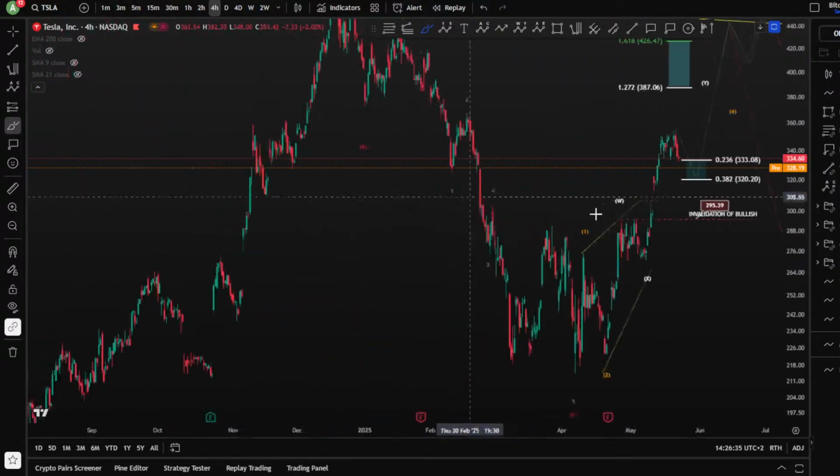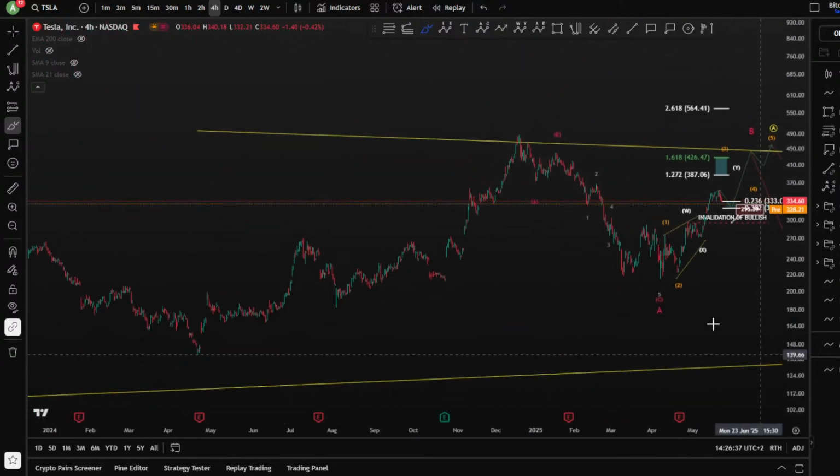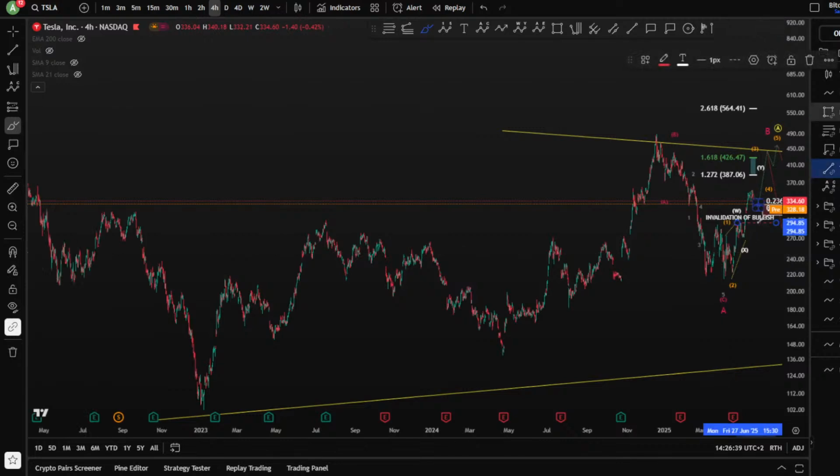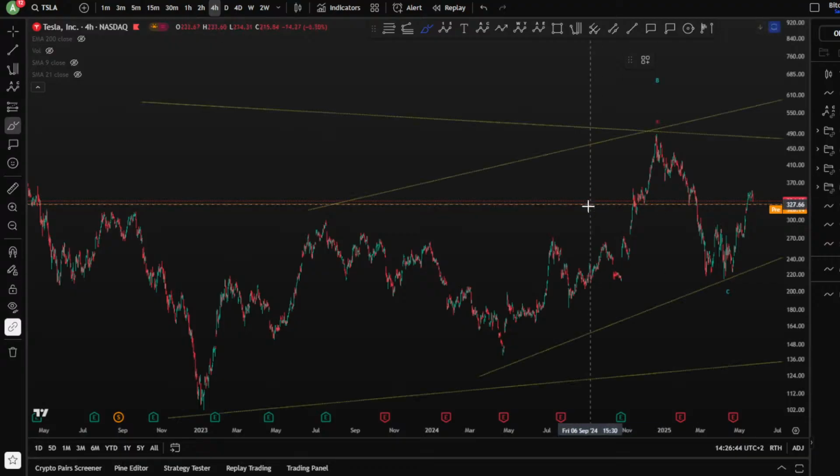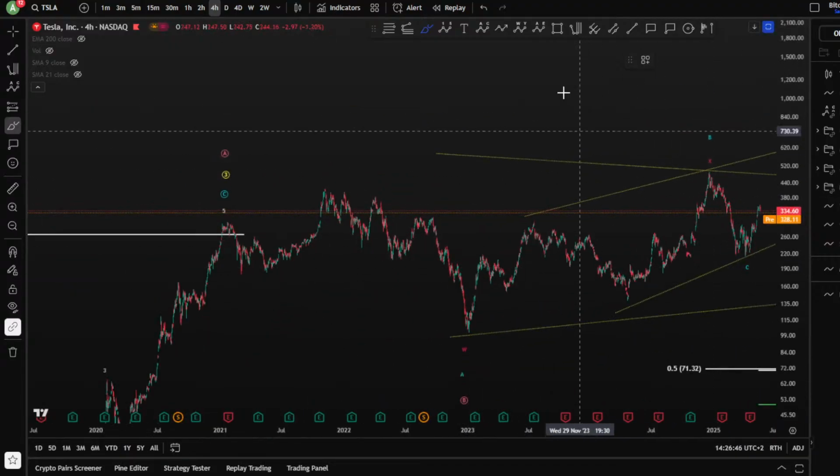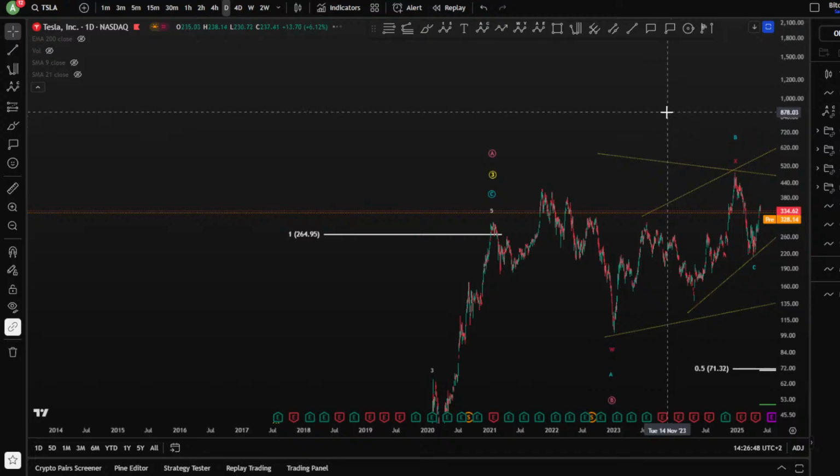Don't forget that in a bigger view, we might also be in sideways or in bearish, or in a diagonal. So let's move to the daily.